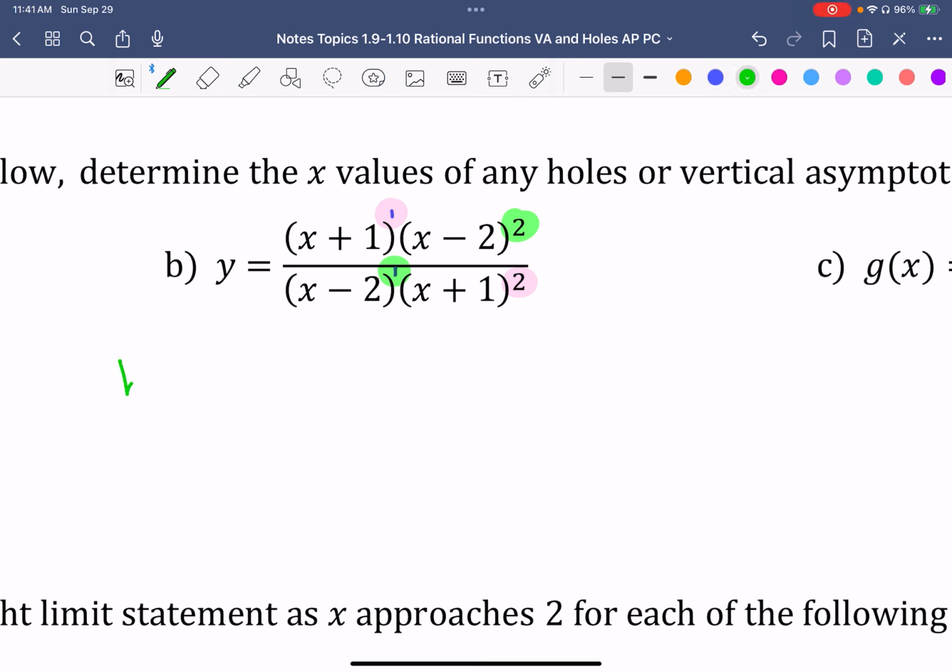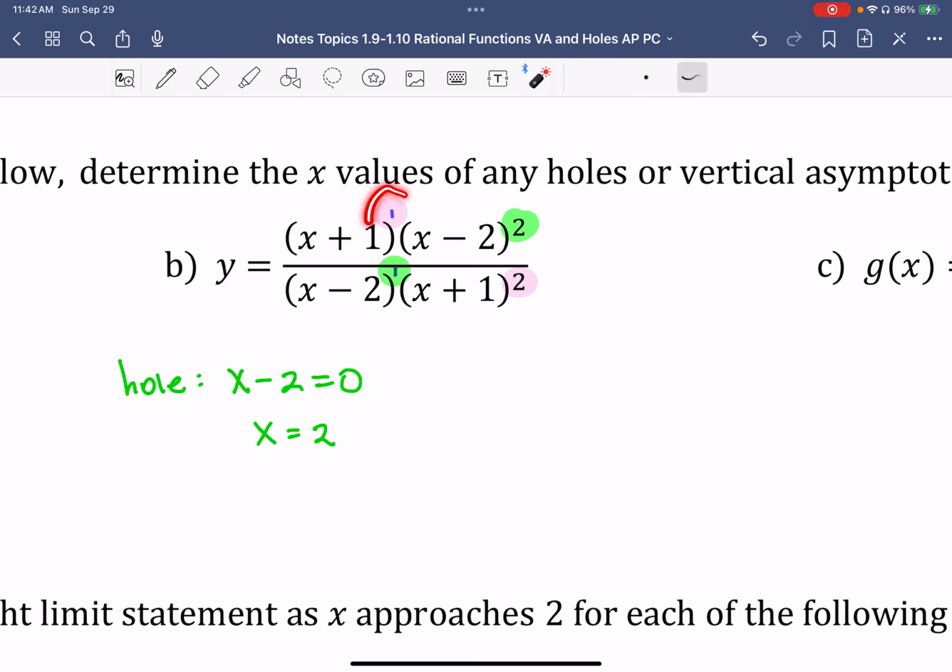So this one that has a bigger exponent of 2 in the numerator will end up being a hole. So I'm going to set that factor equal to 0 and say that there's a hole at x equals 2.